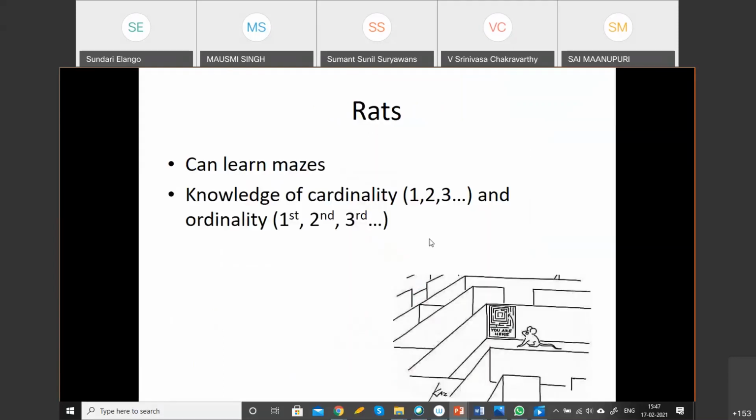Then if you go much higher up to look at mammals, even rats are pretty smart. Rats can learn complex mazes, and rats are an excellent research model organism for studying maze learning, right? Rats learn mazes using a part of the brain called the hippocampus, which is the one that is important for memory.